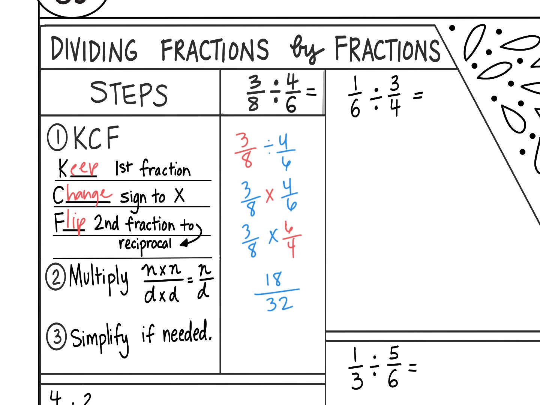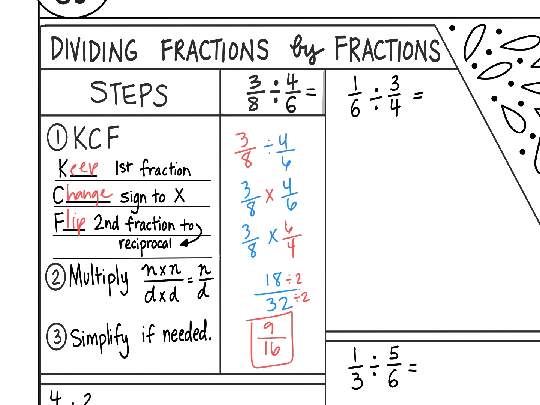What is my greatest common factor between 18 and 32? 2. Okay, so I'm going to divide both of these by 2. So it is 9/16 for my simplified answer.